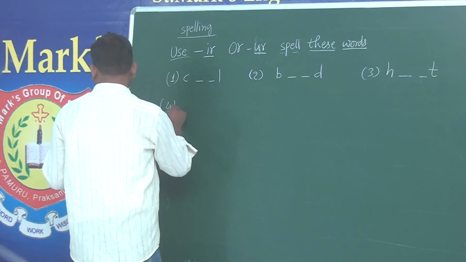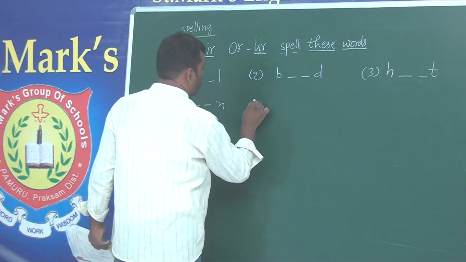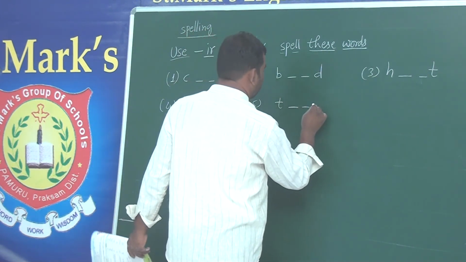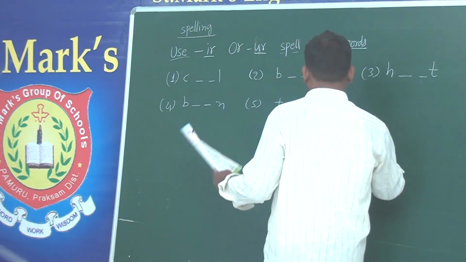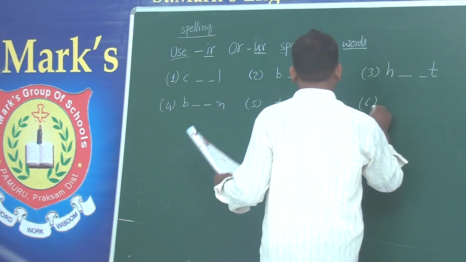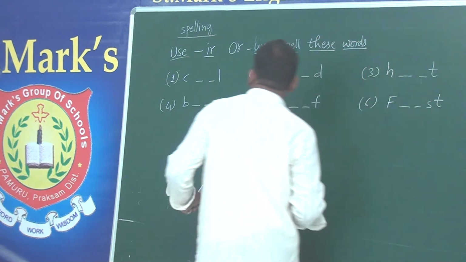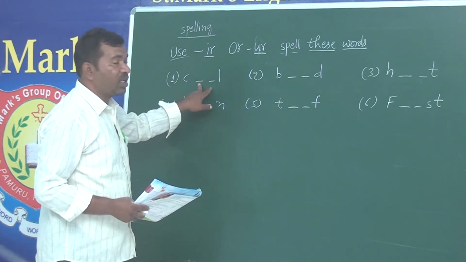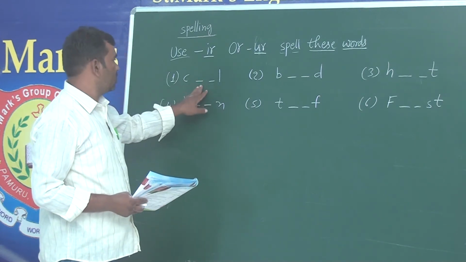Fourth, B dash dash N. Fifth, T dash dash F. Sixth, F dash dash ST. You see that every word has two blanks.